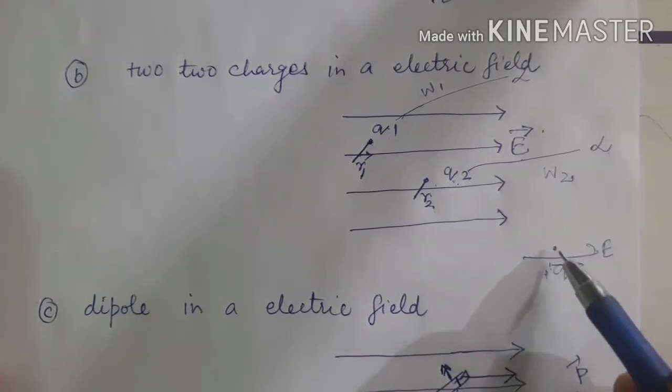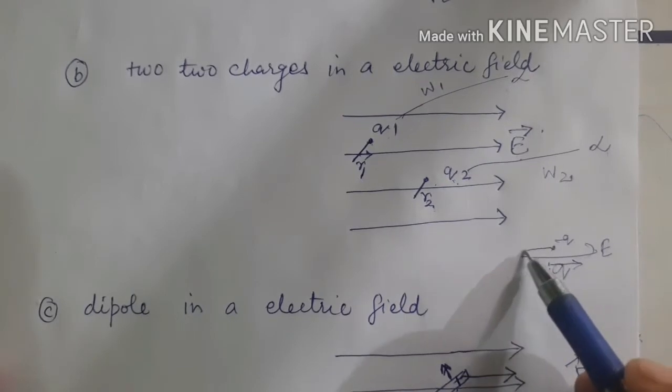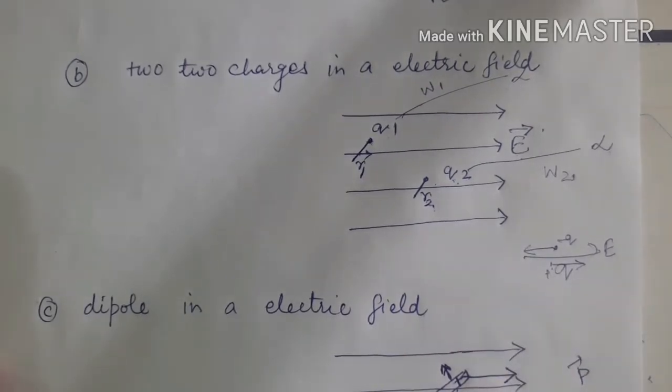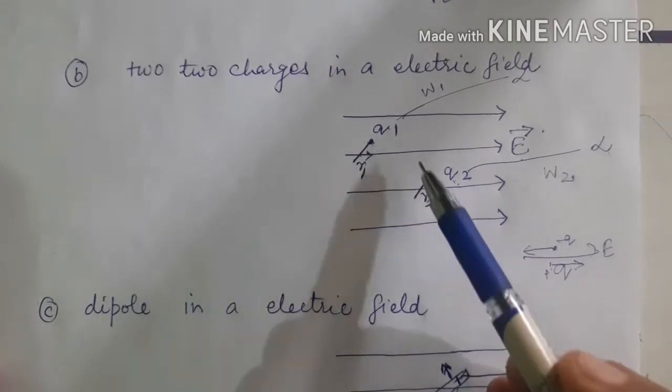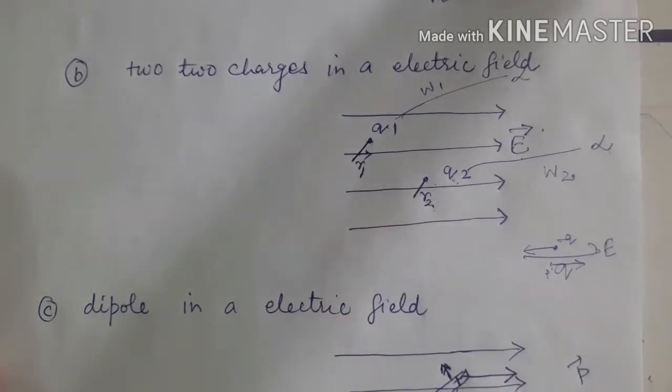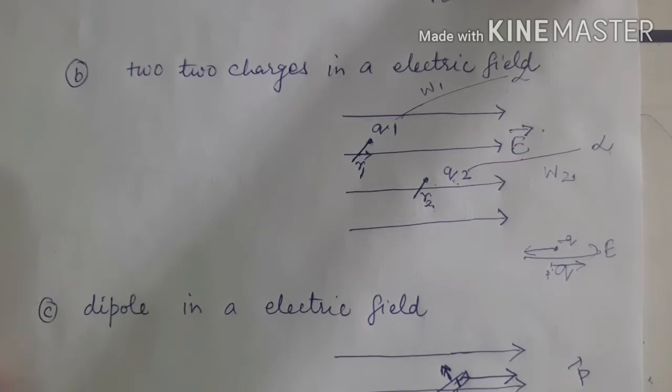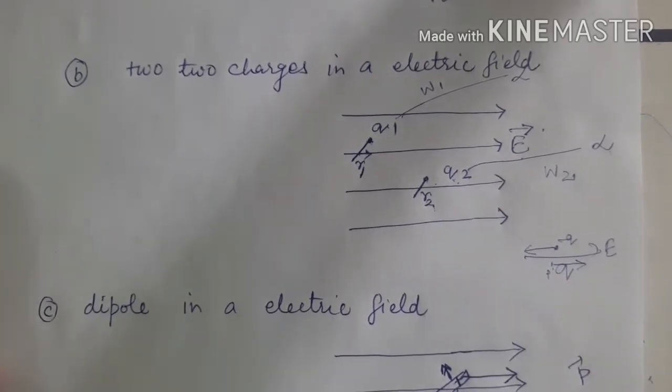If a negative charge is placed, it will move opposite to the direction of the electric field. So similarly, if you want to keep this charge here or here, you have to do some amount of work. So that work counts as potential energy.